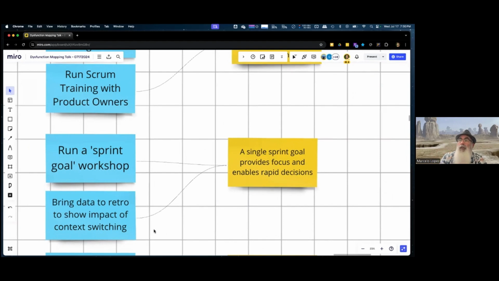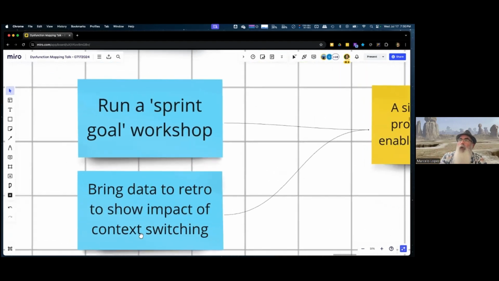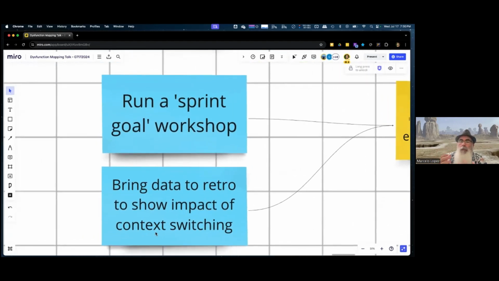So as a potential solution, this team said, well, you know what? We're going to run a little workshop on what it means to create sprint goals. And to demonstrate why we need to have this sort of workshop, we're going to bring the data from retros of the impact of all that context switching between the 3 different sprint goals that Jackie's team is having to do. Now, I don't know if they're good at juggling, Jackie, but the data don't look good.